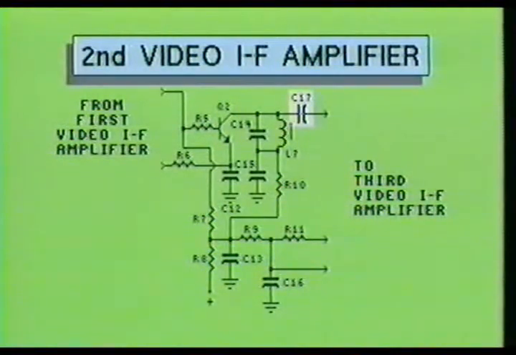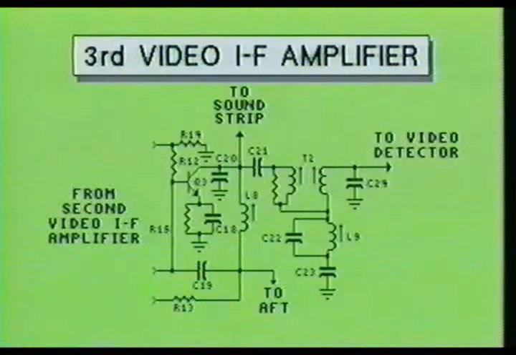The IF sound carrier passes out of the collector of transistor Q2 and into coupling capacitor C17. The intermediate sound carrier is coupled out of capacitor C17 and into the third video IF amplifier stage.